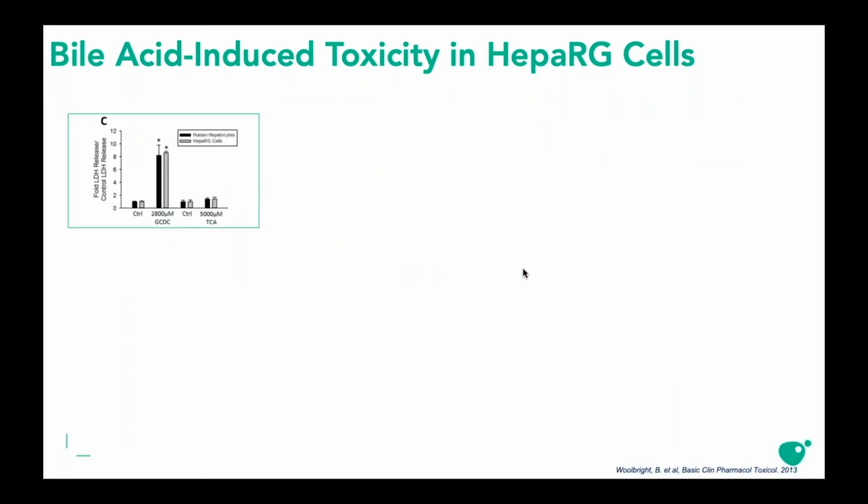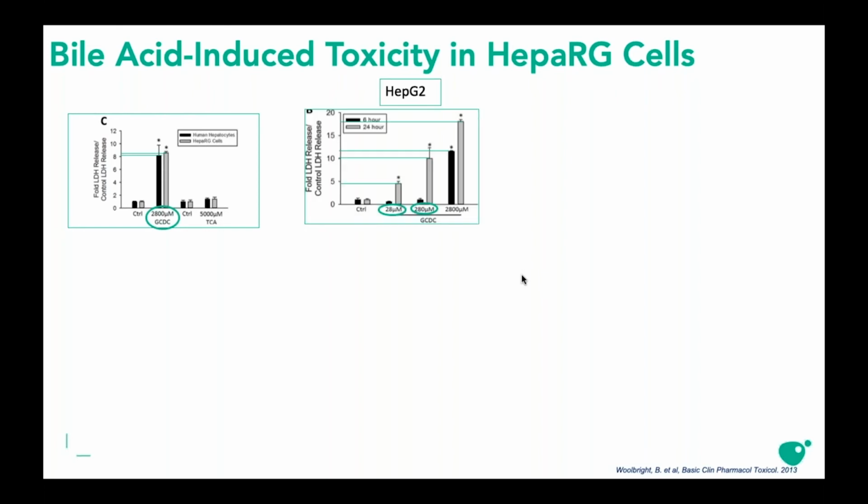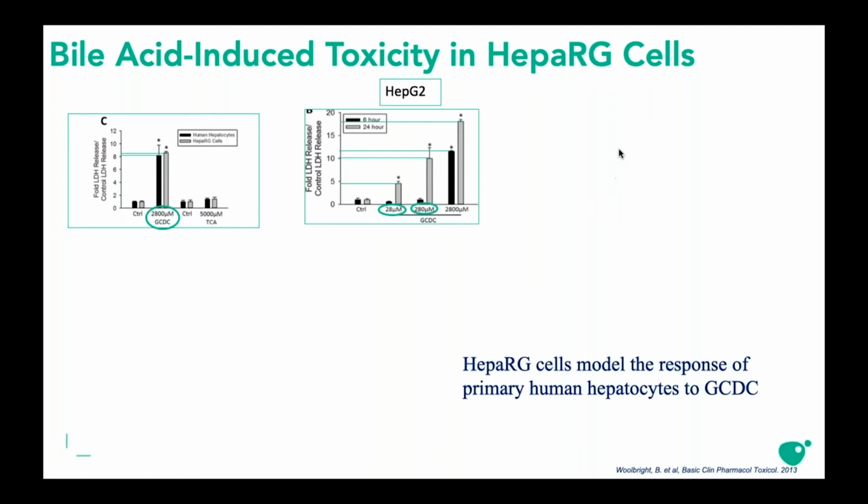Another study showed that glycochenodeoxycholate, but not taurocholic acid, induced an increase of lactate dehydrogenase release in HepaRG cells, as well as in human hepatocytes. Importantly, HepaRG cells showed a toxicity profile more similar to primary human hepatocytes than HepG2 cells, which showed much more release of LDH at lower concentration of GCDC.